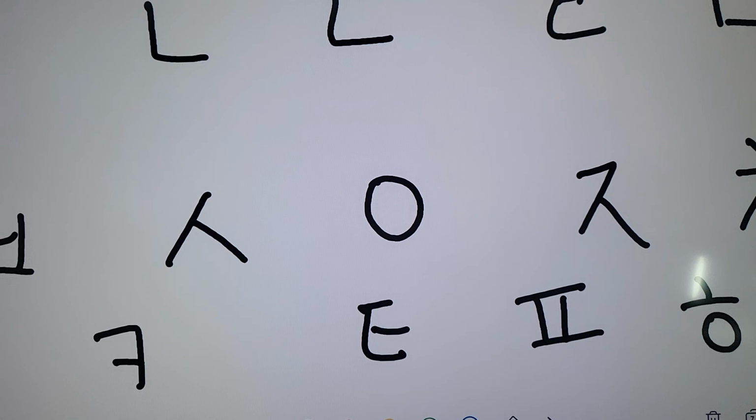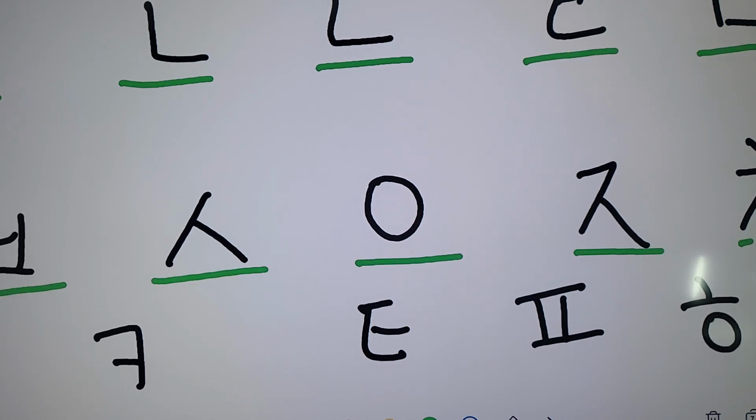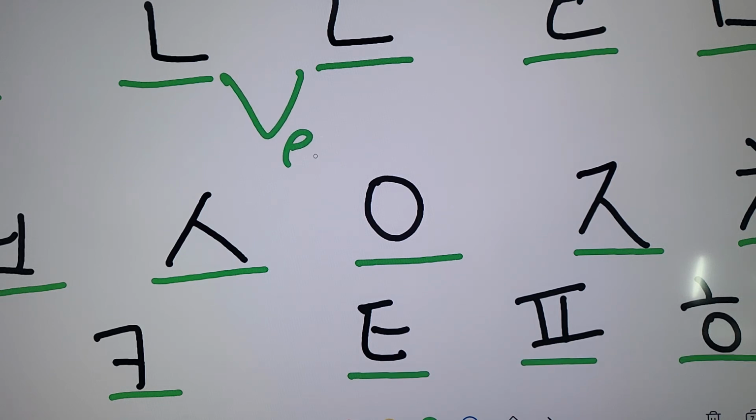So what I said before, when you try to read an individual consonant, we equally add the weakest vowel sound underneath. Why do we add this weakest sound underneath? Because the weakest vowel makes the consonant sound stand out.